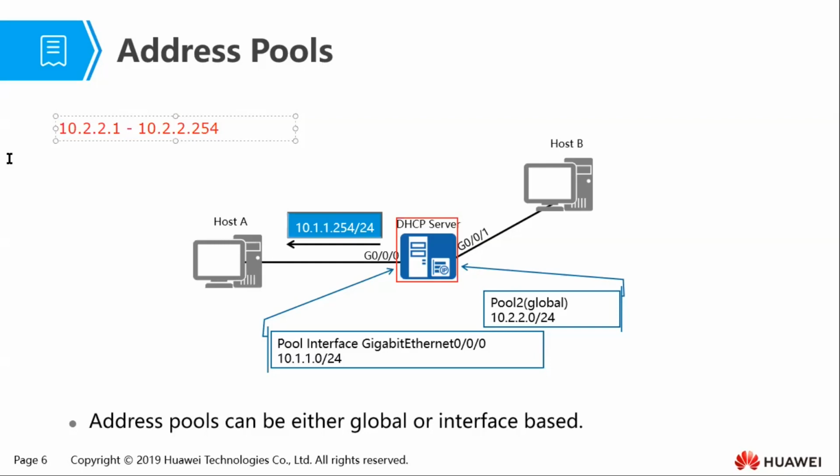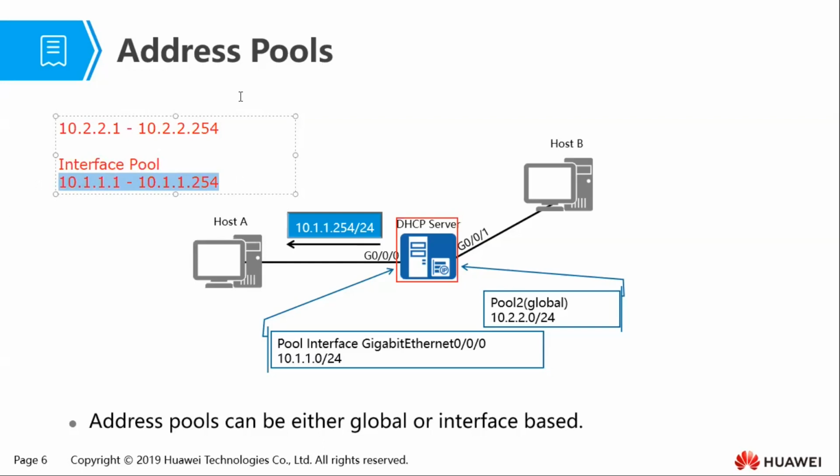Now, on the contrary, the interface pool, our range here is 10.1.1.1 all the way to 10.1.1.254. So only devices that have been connected via this interface can be assigned an IP from this range.